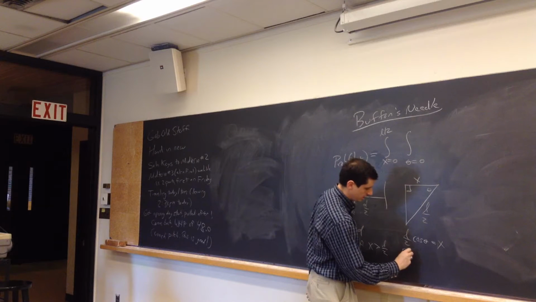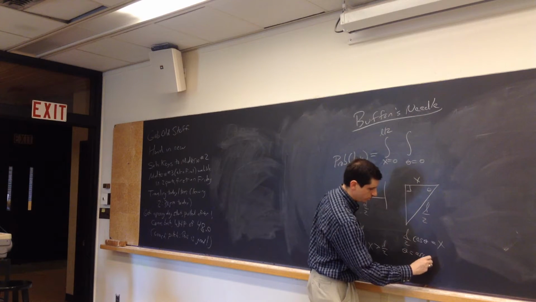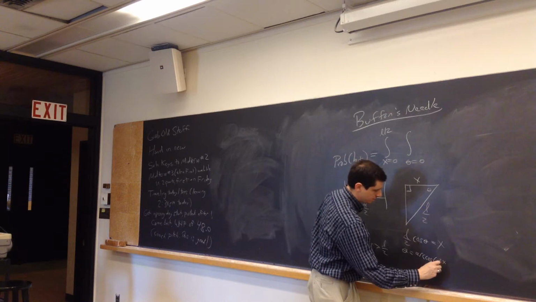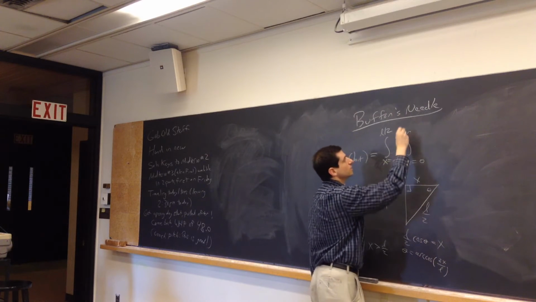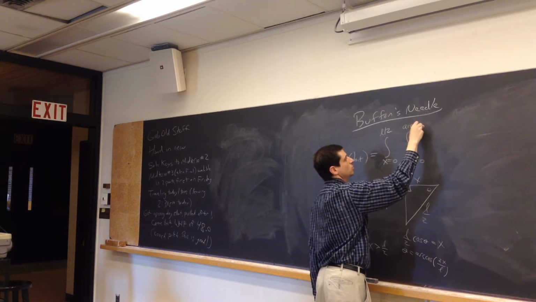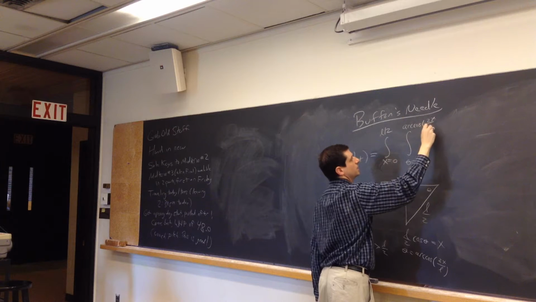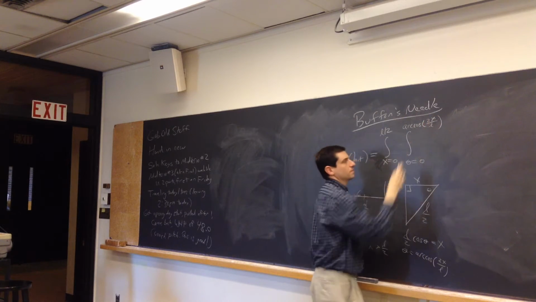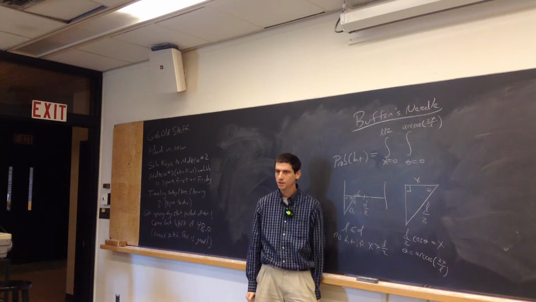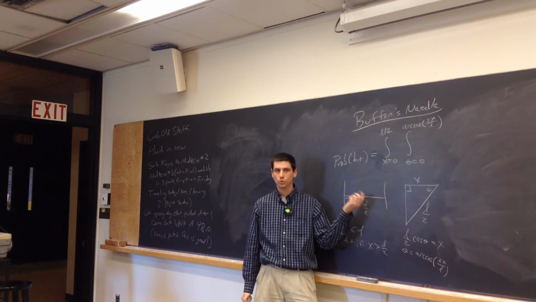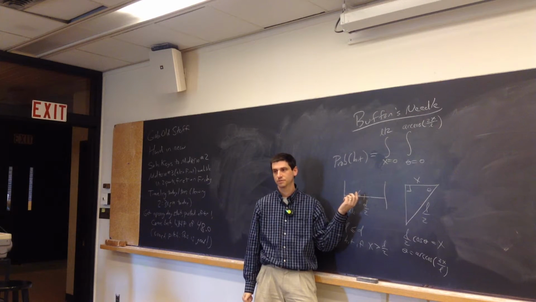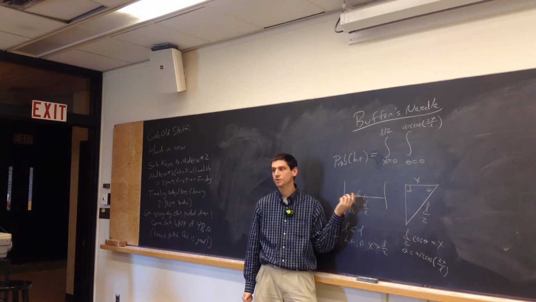So theta equals arc cosine of 2x divided by L. But now, what's the probability of a hit? How many hits? It's going to be just 1.